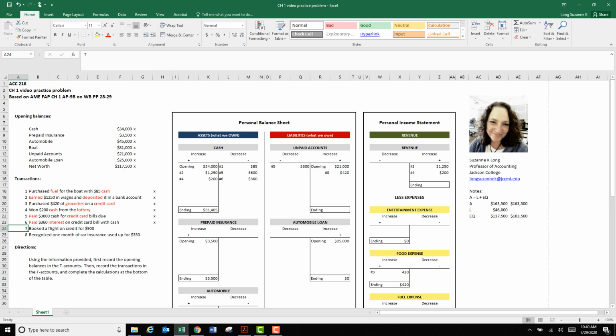Number 7. Booked a flight on credit for $900. Again, pause. I want you to read that. I want you to think about that for a minute. Booked a flight on credit for $900. I wish this was worded just a little bit differently. I'm going to add a little something to this.